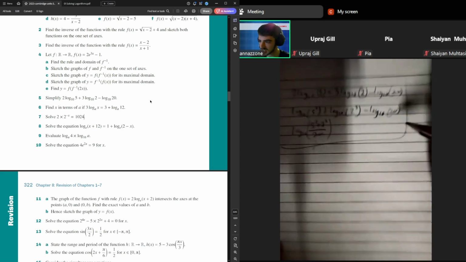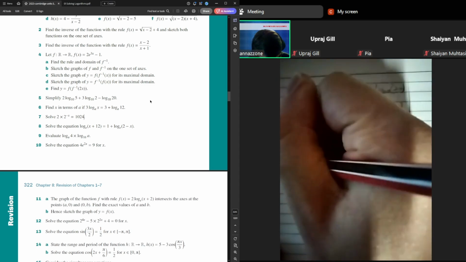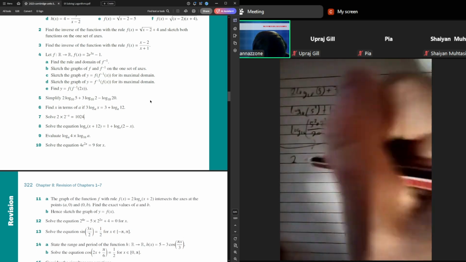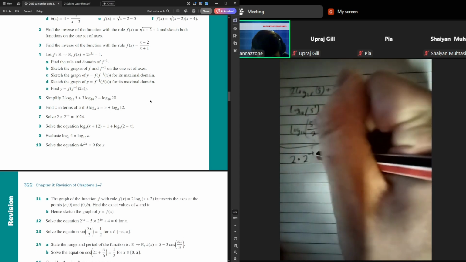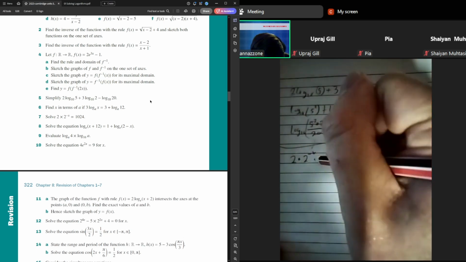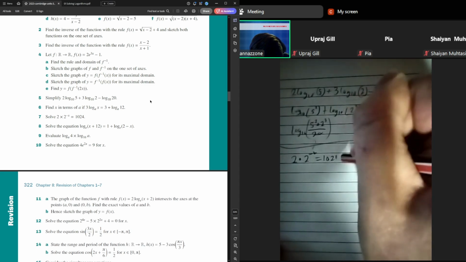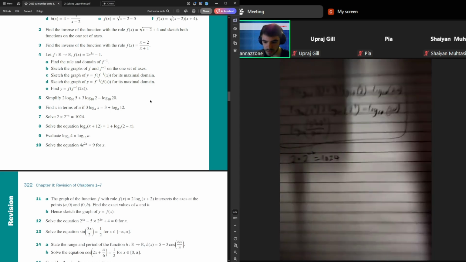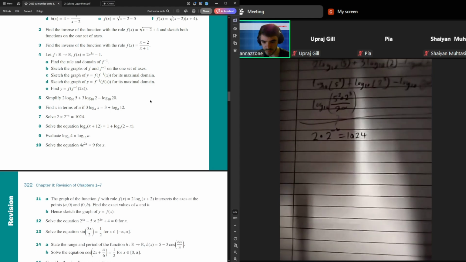Next one up, some exponential stuff. So we have a function that is 2 times 2 to the minus x is equal to 1024. What might we go about doing here to solve for x?